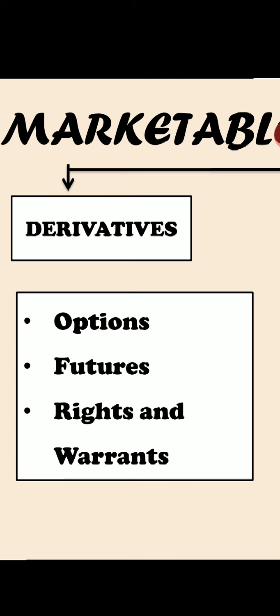The number of equity shares that can be purchased is also fixed under the concept of warrants, and the exercise price, the strike price, is also fixed. Warrants carry no voting rights, just like preference shareholders. The warrant holders do not carry any voting rights, and they are not entitled to receive dividend or interest payments, right?